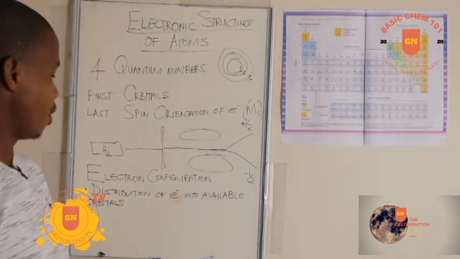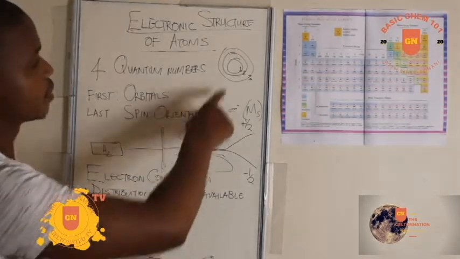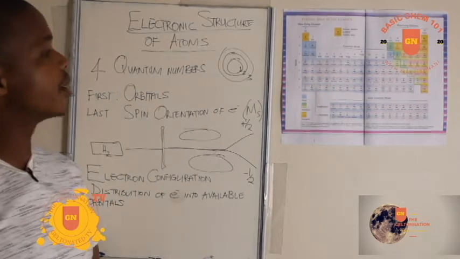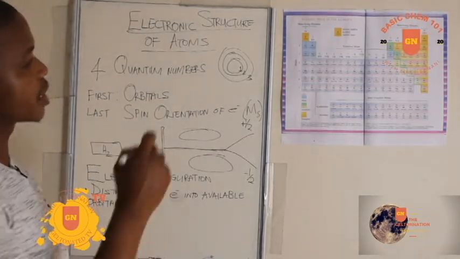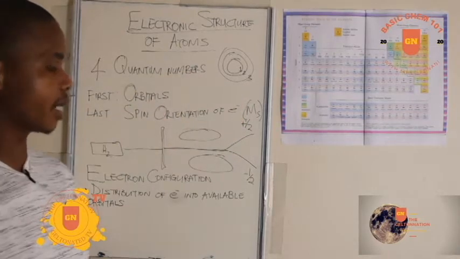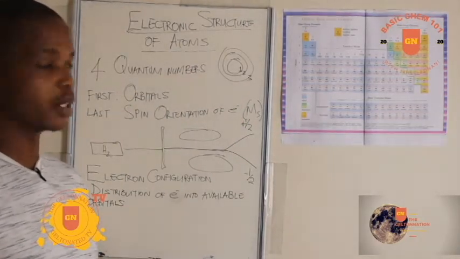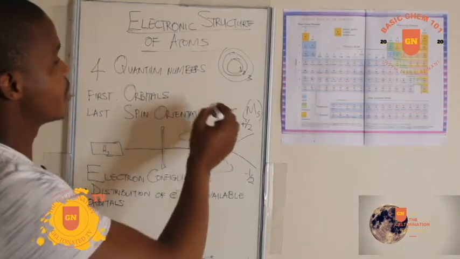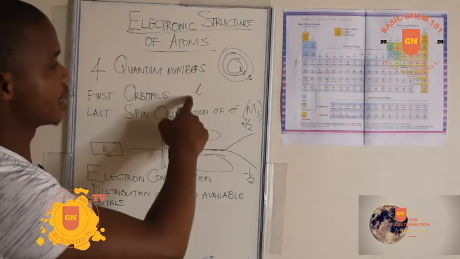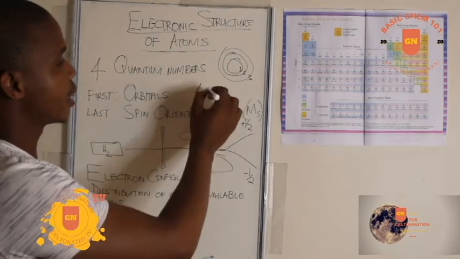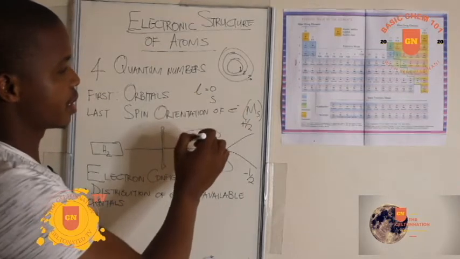So you want to know the distribution of electrons. If you have these shells, you have subshells inside the shells, and the subshells are distinguished by your angular momentum quantum number, which is L. When L is equal to 0, you have a subshell which is s.